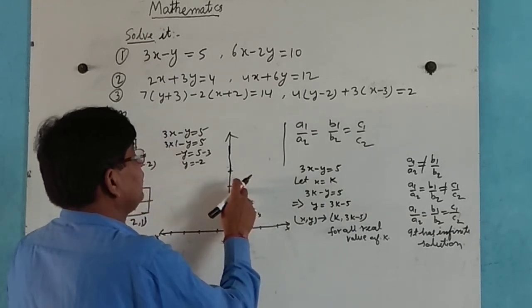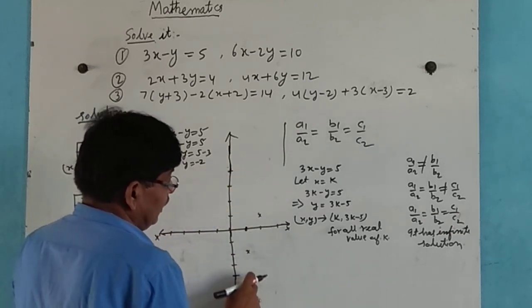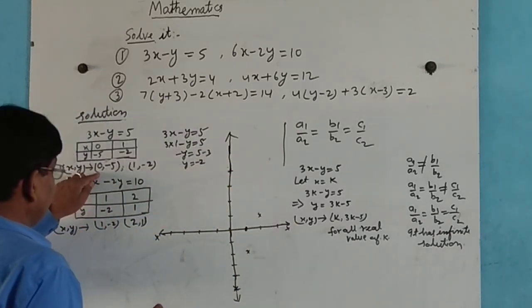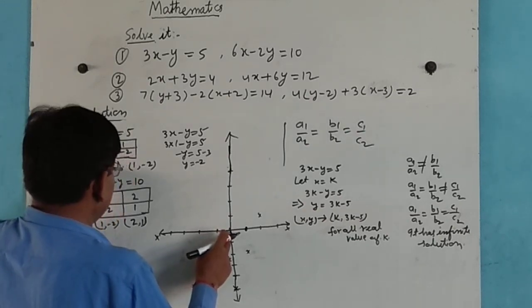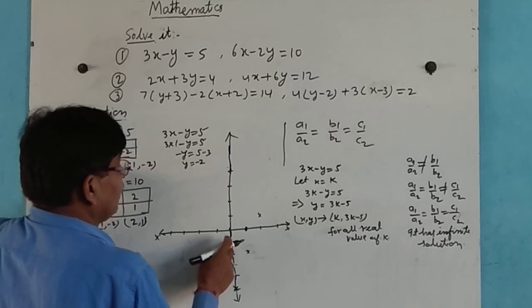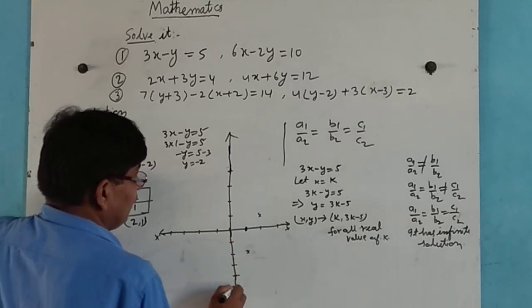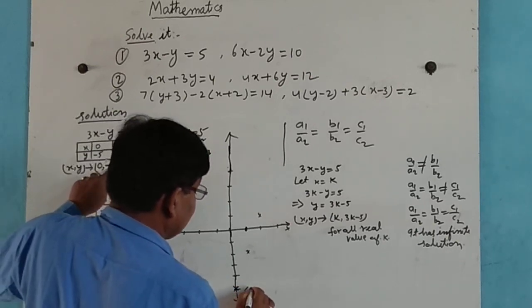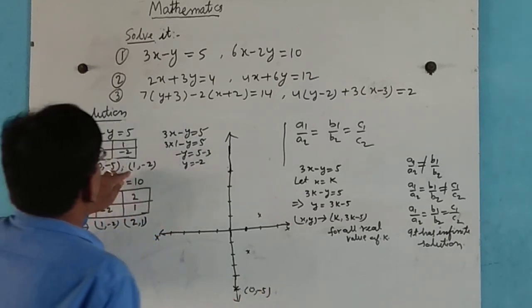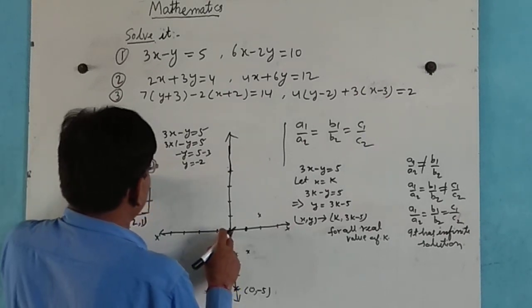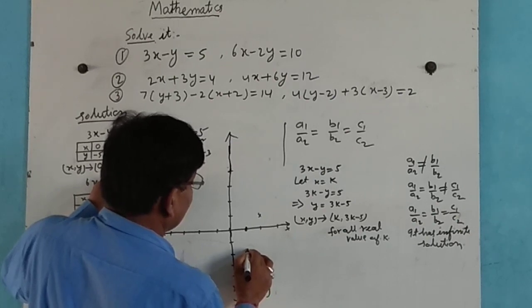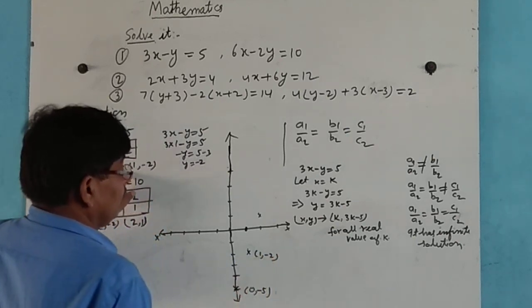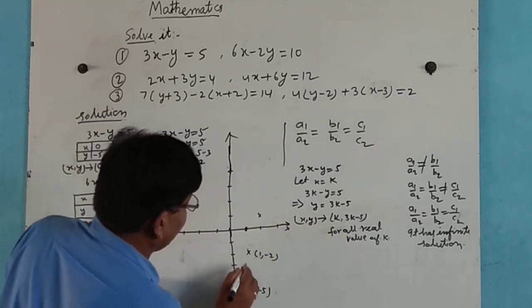Upward direction is positive and downward direction is negative. First of all, x was 0 and y was 5; in the downward direction 1, 2, 3, 4, 5. This point is 0, minus 5, and 1, minus 2. Now we draw the line.